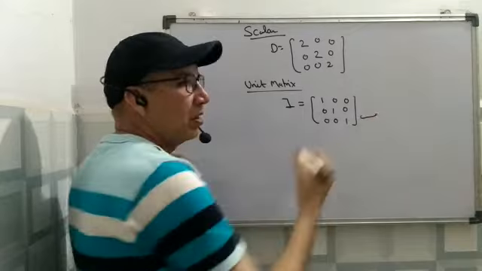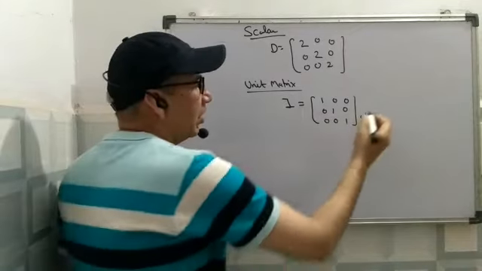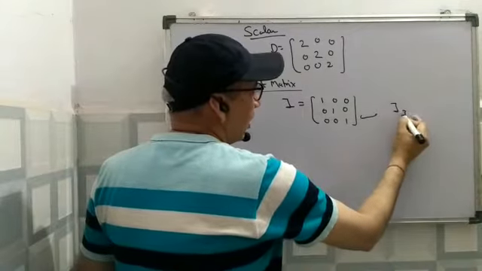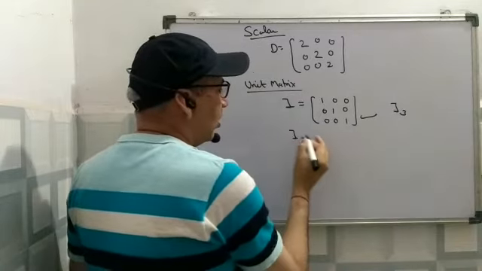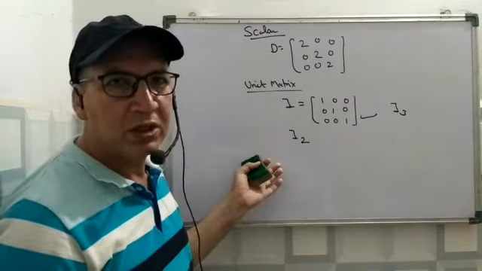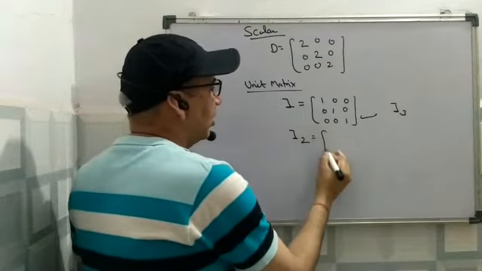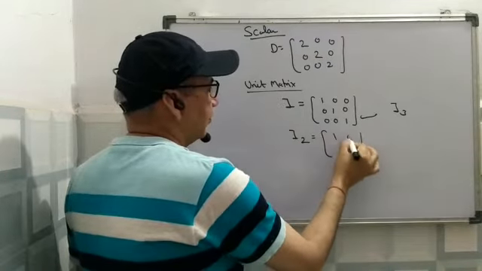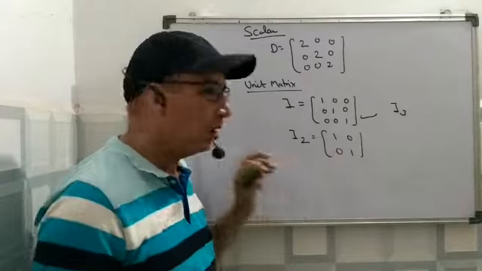You can see that this is a third order identity matrix, and we can also represent it by I3. Similarly, I2 means second order identity or unit matrix.